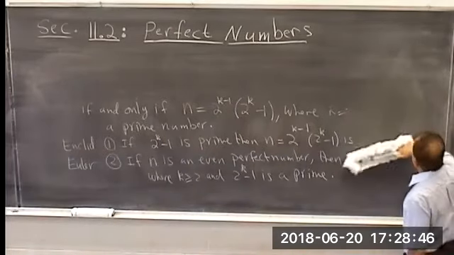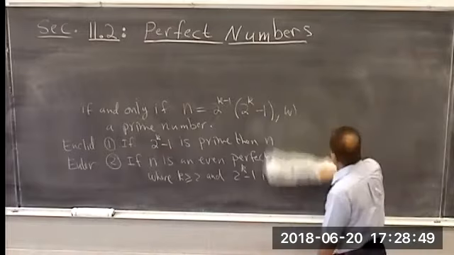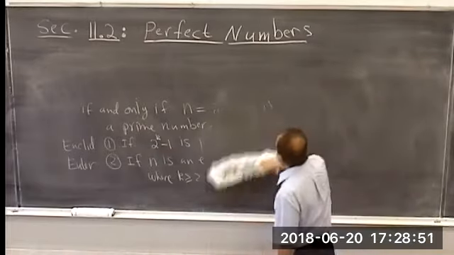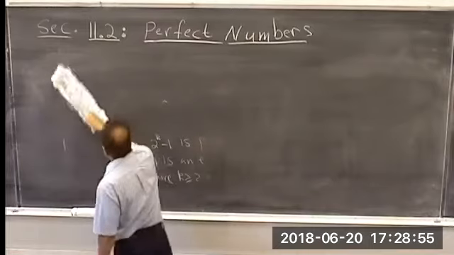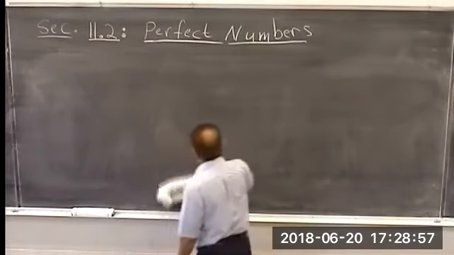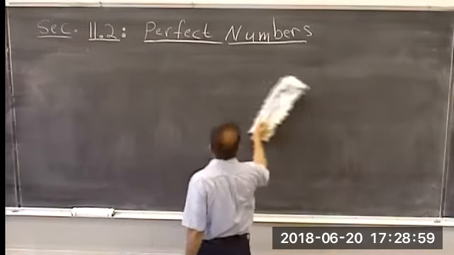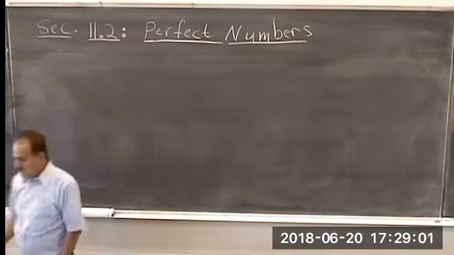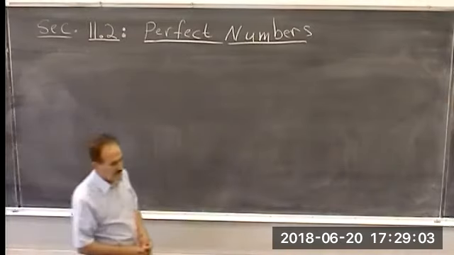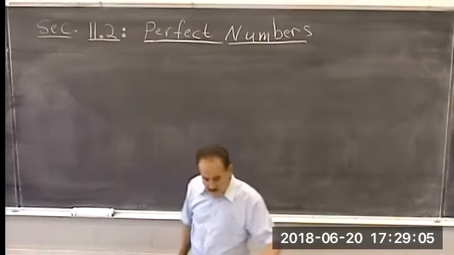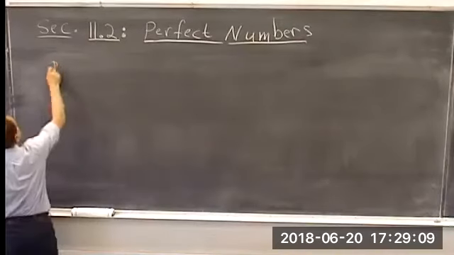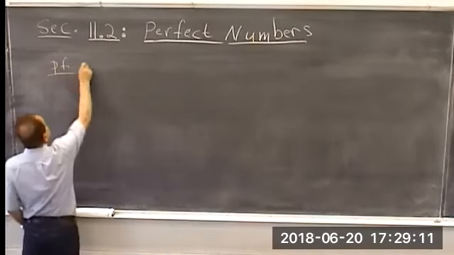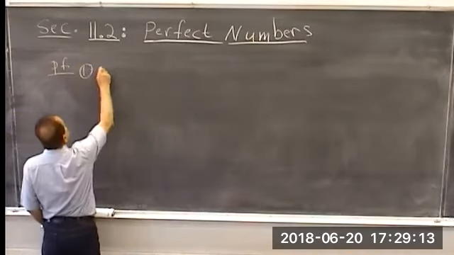The proof is pretty straightforward. It just applies very basic properties of sigma, the divisor function, the sum of divisors function, and just a little bit of argument. So let's go with the first one.